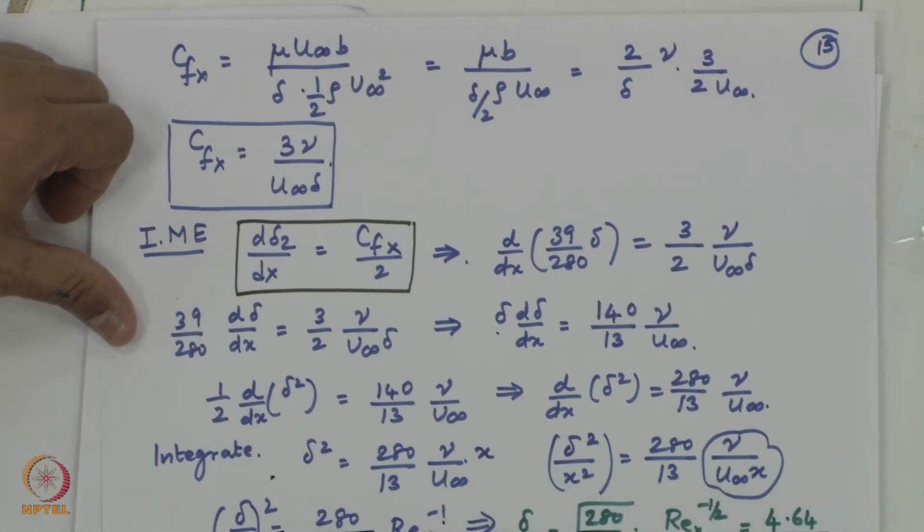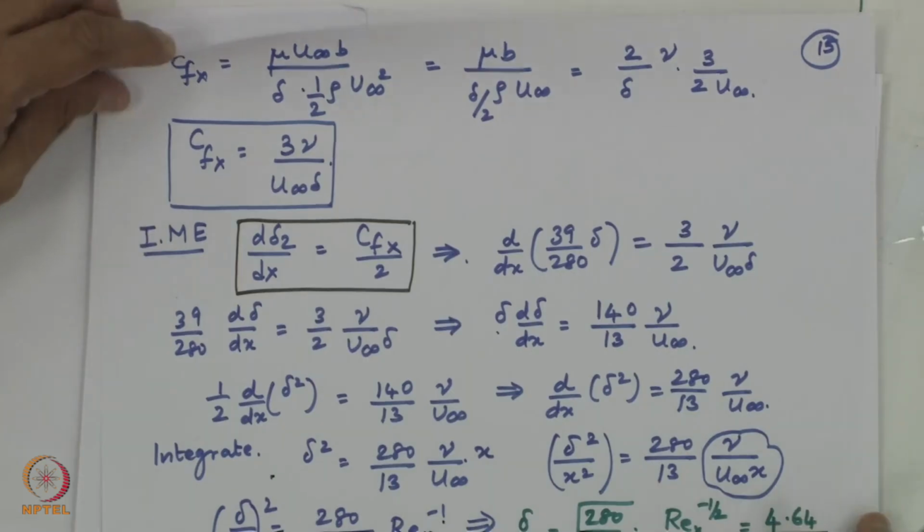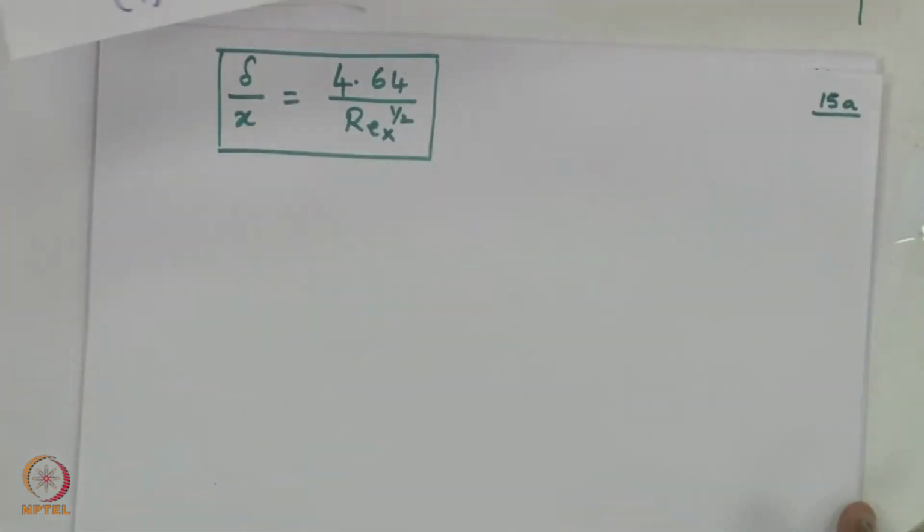Taking square roots, the square root of 280 by 13 comes out to be 4.64, and this is so beautiful that the exact solution was 5, similarity gave something close to 5, and this integral method gives me 4.64.